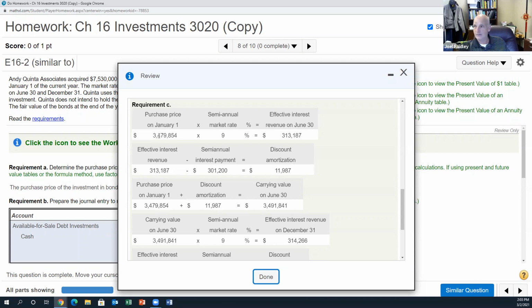And so there's not any amortization except this is the first entry. 313,187. That's my revenue based on the effective rate of interest method. So 313,187. There's my payment. And so the difference is what I'm going to amortize. 11,987 straight against this available for sale debt investments.